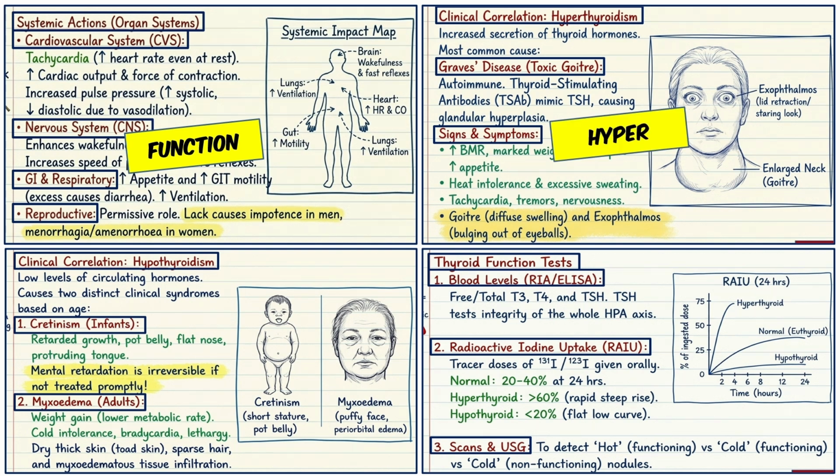Here we saw hyperthyroidism, hypothyroidism, and lastly the very important question, the thyroid function test. If you write your answer in exactly this sequence with neat headings and diagrams, you will present a structured university answer that is easy for the examiner to follow.